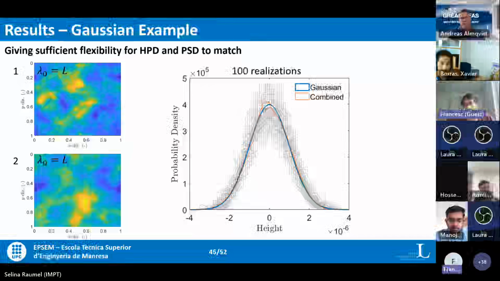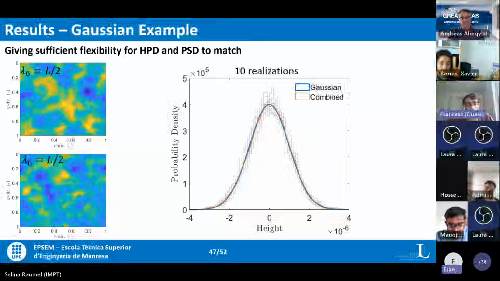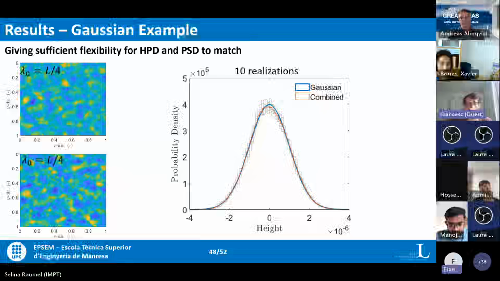Of course, if these patches are larger, as we can exemplify by taking lambda 0 equals L over 2, in this case the convergence is much quicker, and the individual realizations are much closer to a Gaussian. If we even go to lambda 0 equals L over 4, even individual realizations are starting to be very close to a Gaussian. And in general, in the literature, you are told that taking L over 8 or even L over 16 would guarantee that you have a perfectly Gaussian surface.